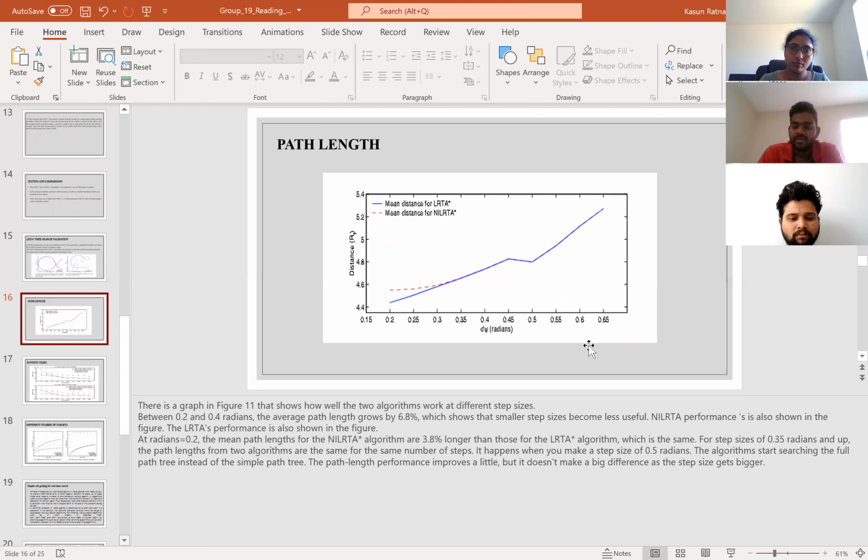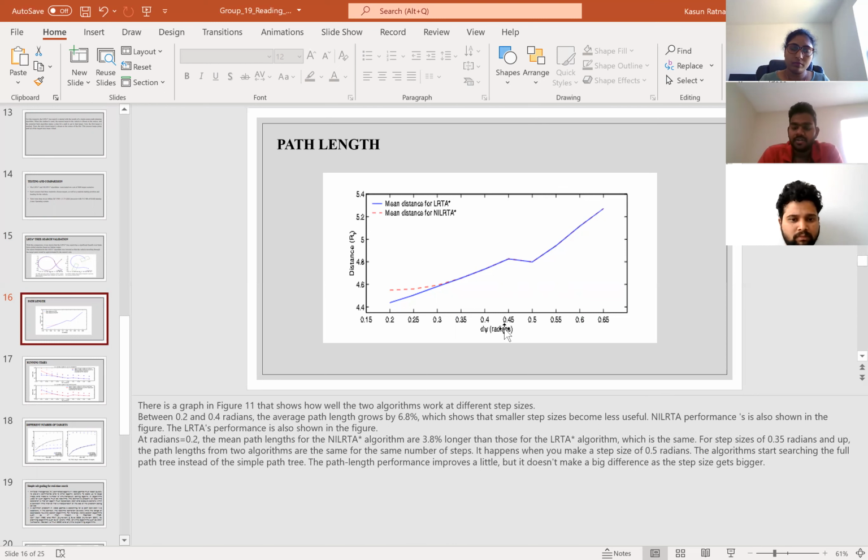NILRTA and LRTA performance is shown in the figure. At radian 0.2, the mean path length for the NILRTA star algorithm is 3.8% longer than that for the LRTA star algorithm.